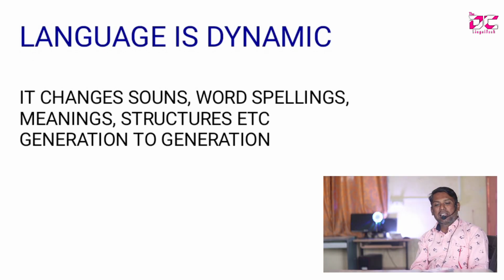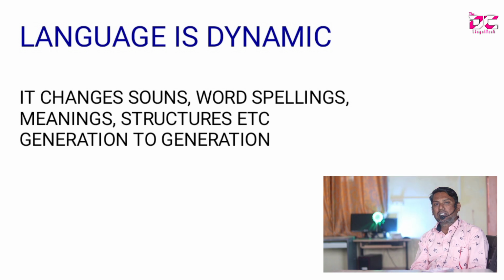The last characteristic of language is that it is dynamic. Language is not fixed, it changes every year. The pronunciation or spelling in the Elizabethan period is not the present one. In those days the spelling was something like F-A-E-R-I-E for fairy, and now it's F-A-I-R-Y.